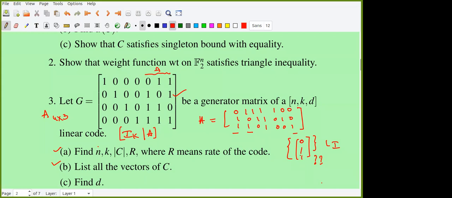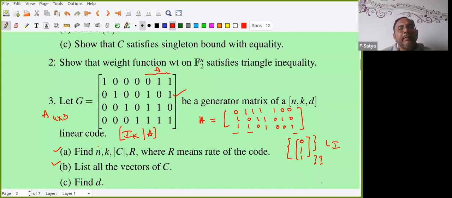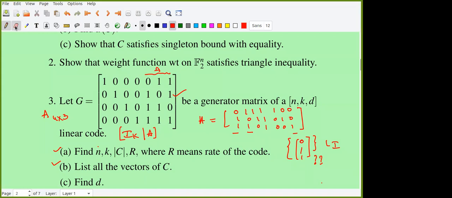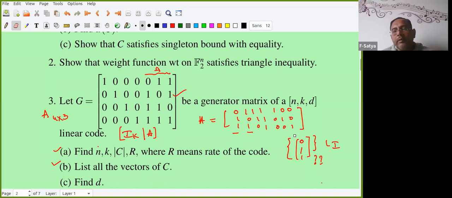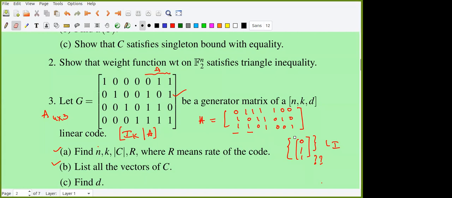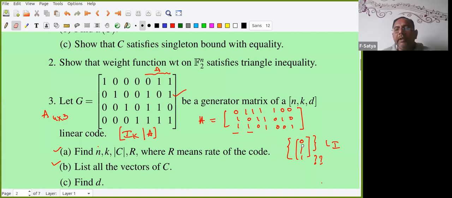Why is it independent? Because multiplying with 0 we get 0, and multiplying with 1 we get the same vector. Actually, any single non-zero vector is always linearly independent, right? So if you take any one column, it is linearly independent.